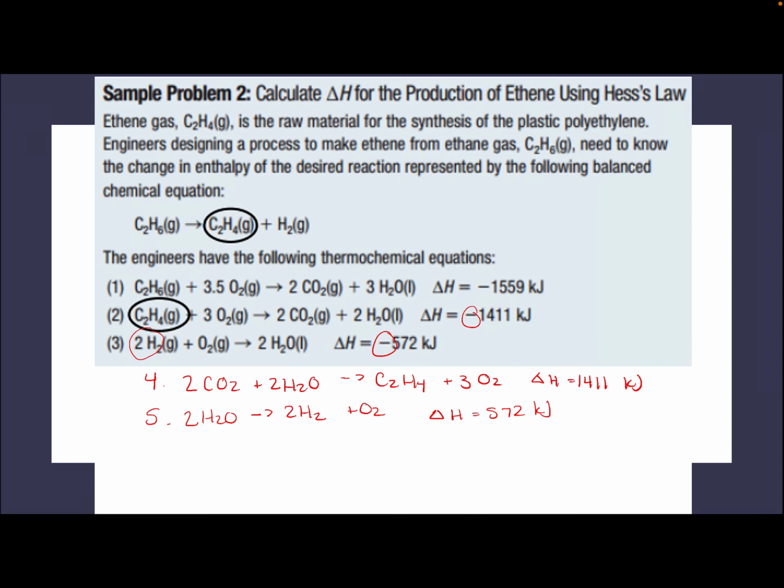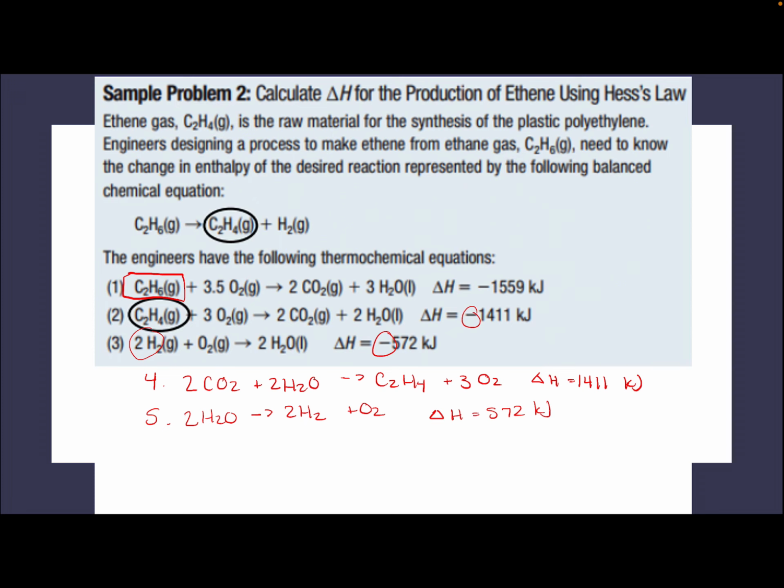So our first step is literally just to look at the different reactions here and see what reaction matches up, and if we need to reverse it, we will. So for reaction 1, this was fine, so we kept the reaction the same. For reaction 2, we had our O2, which we wanted to move over, but we also had C2H4, which reaction 3 doesn't have, so we needed that to switch over.